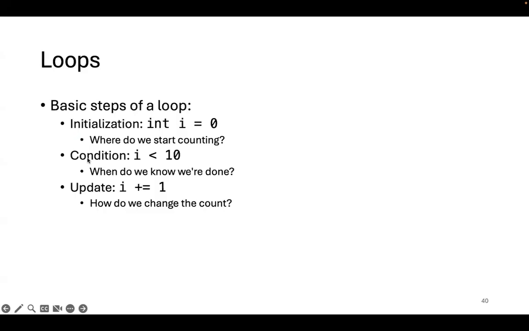Then there's the condition step. There's where do we start, initialization, and then the condition for when do we know that we're done. I want to print the numbers 0 up until 10, so I say i less than 10, that's when I want to stop. So that's the condition. And then we've got update: how do we progress as we go? In this case, we want to change everything by 1 each time.